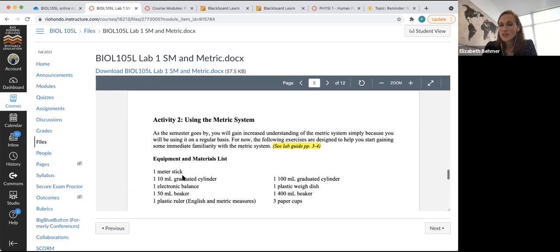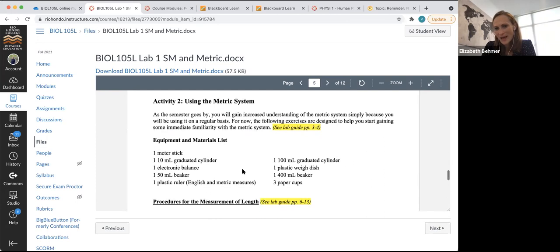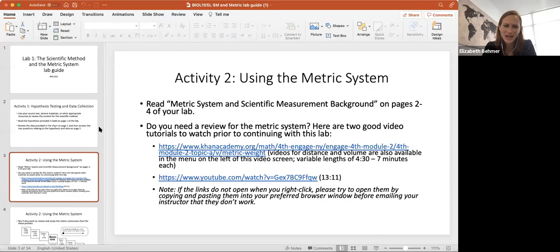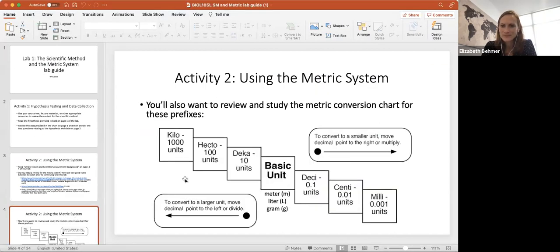Okay, so then we'll use the metric system, and you'll gain more understanding of this because you'll use it on a regular basis as we work through some following labs. But we're going to look at the lab guide, pages 3 and 4, to do these next procedures. The equipment and materials list are shown here, but I believe your lab guide takes you through everything.